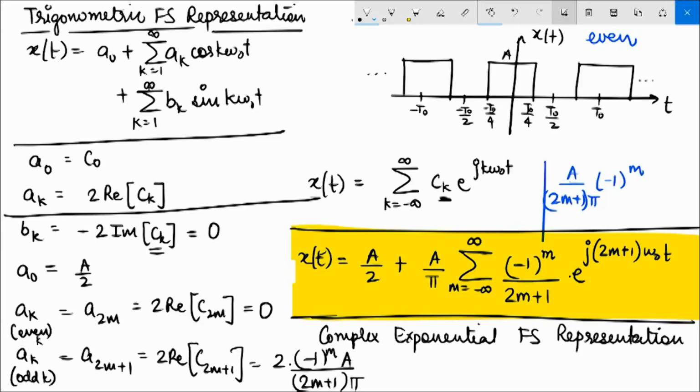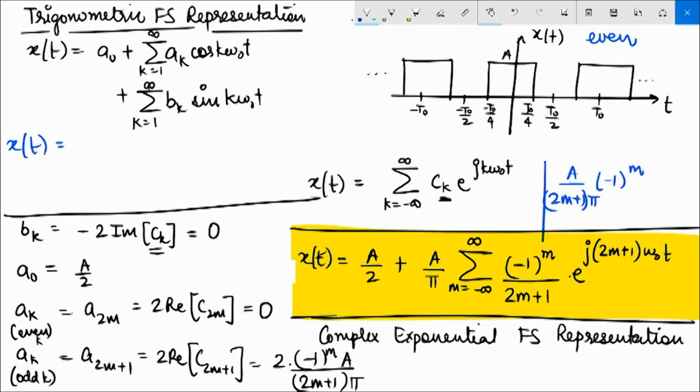So I can rewrite this trigonometric Fourier series representation as x(t) is equal to a by 2 plus 2a by pi summation minus 1 to the power m upon 2m plus 1. Now only the odd cos terms would feature.